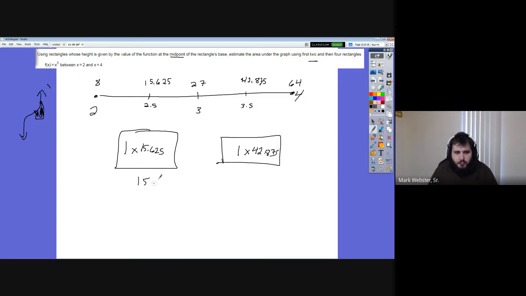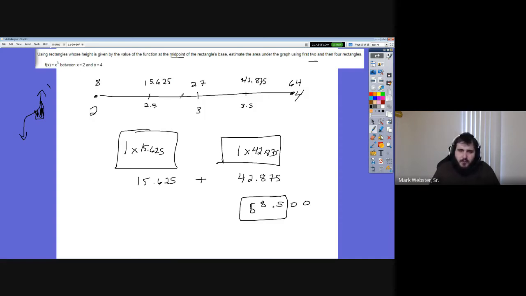Well, 15.625 plus, these are the areas of the two rectangles, gives us 58.5, right? So the area here, using the two rectangles, we've got 58.5, and that's if we estimate it with the two rectangles.